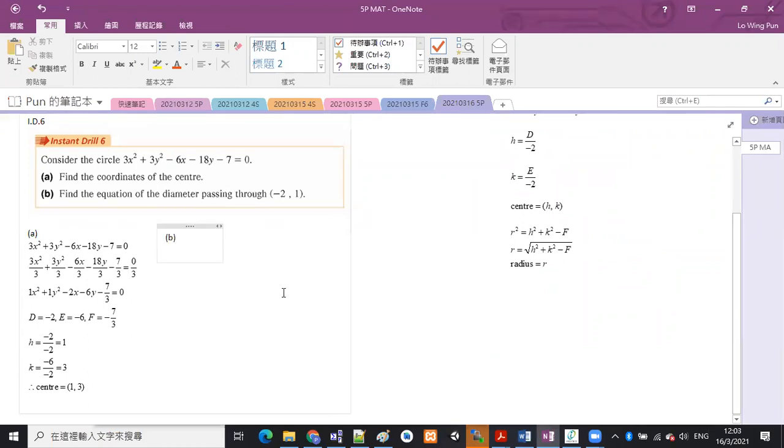Then part B. Find the equation of the diameter passing through -2 and 1.